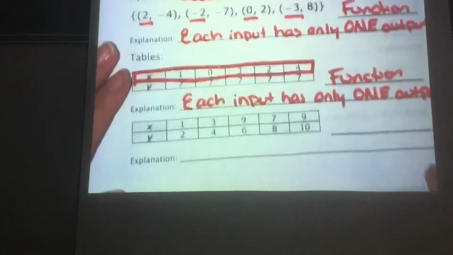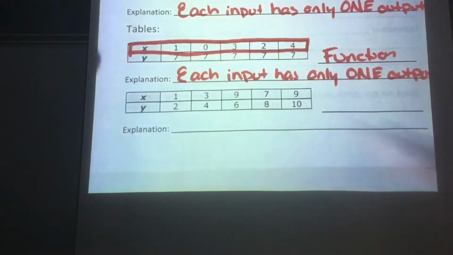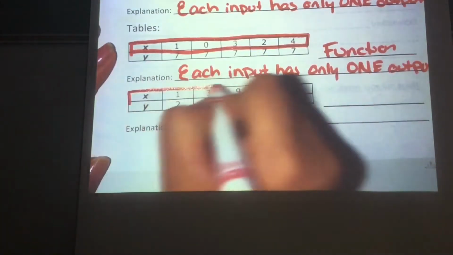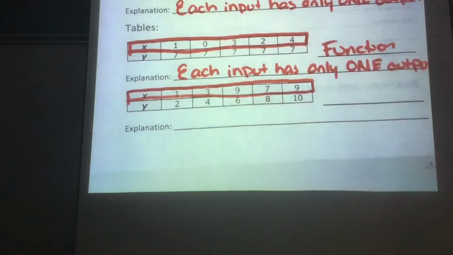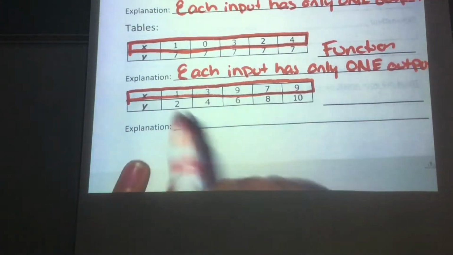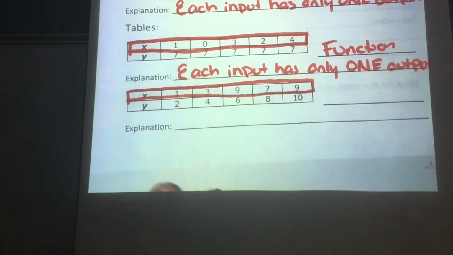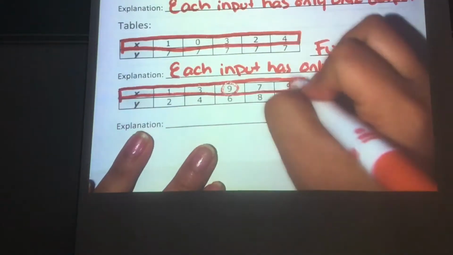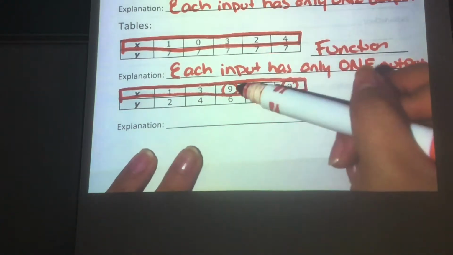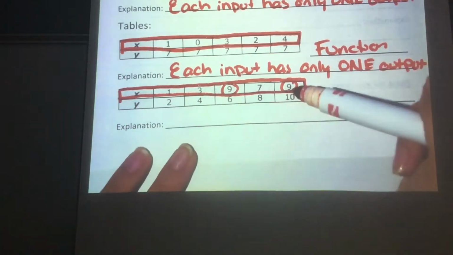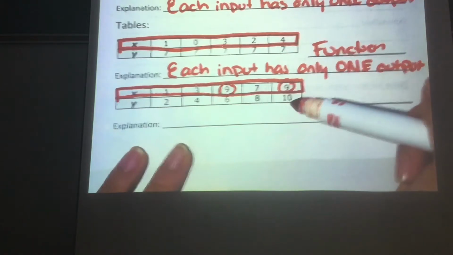So I'm going to go ahead and look at this second table. So looking at this second table, I'm going to look at all my x's. So my x's are 1, 3, 9, 7, and 9. So here I have 9 twice. So I have the input of 9 come out twice. So here it's saying my input of 9 gives me 6, and then over here my input of 9 also gives me 10.